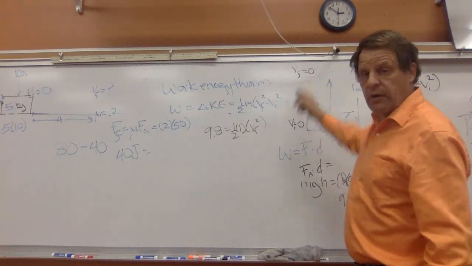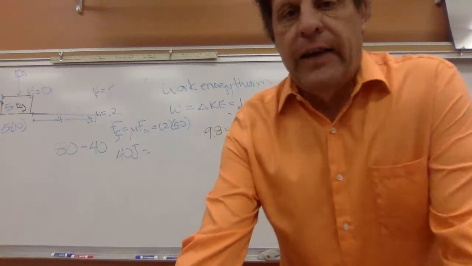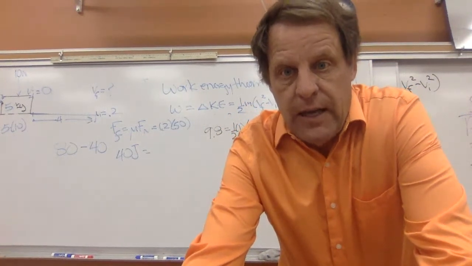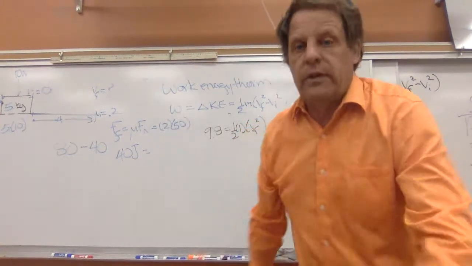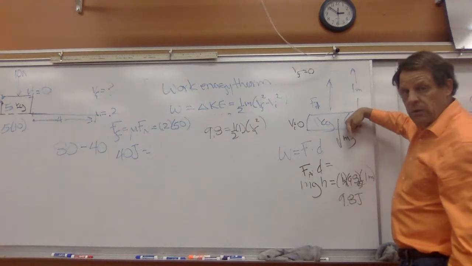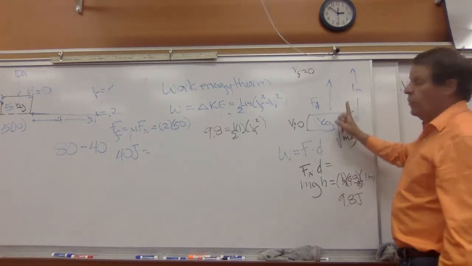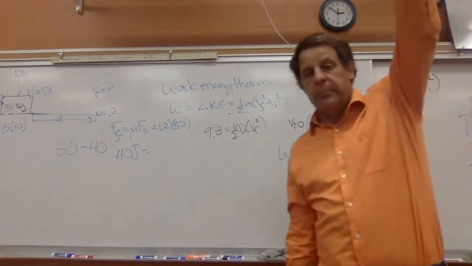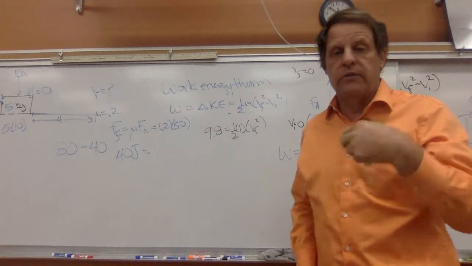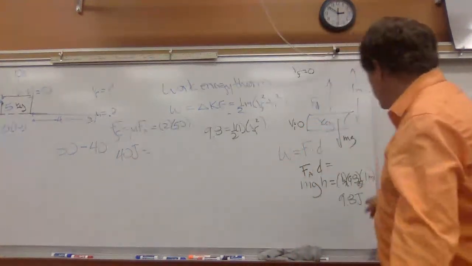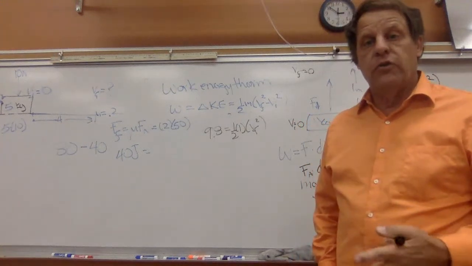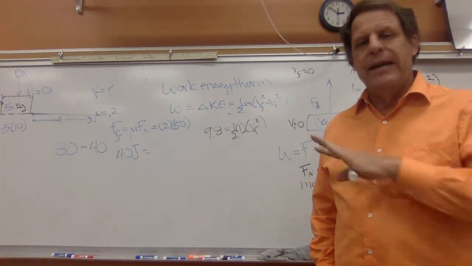But didn't I say that it ended at 0, started at 0? Okay, and that's because there was something that did negative work. And the stuff that did negative work was, in fact, gravity. So now we've got gravity, this mg that's going down, okay? And it went up 1 meter. They're going in opposite directions. So that's a cosine of 180. Or we can just think of 1 as positive and 1 as negative. And now we're going to end up with negative 9.8. 9.8 minus 9.8 is 0. So that should not speed up.